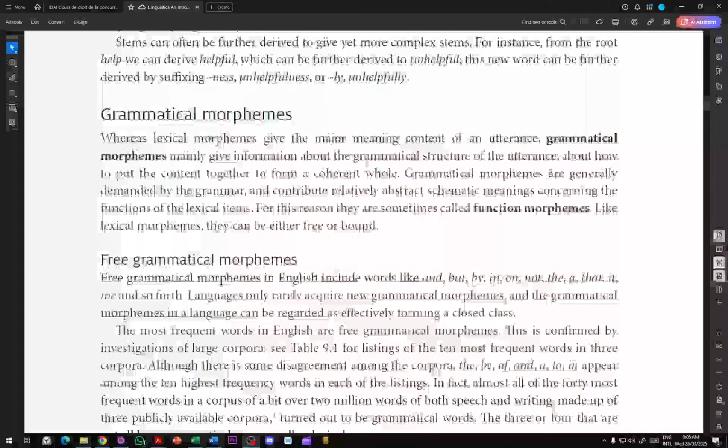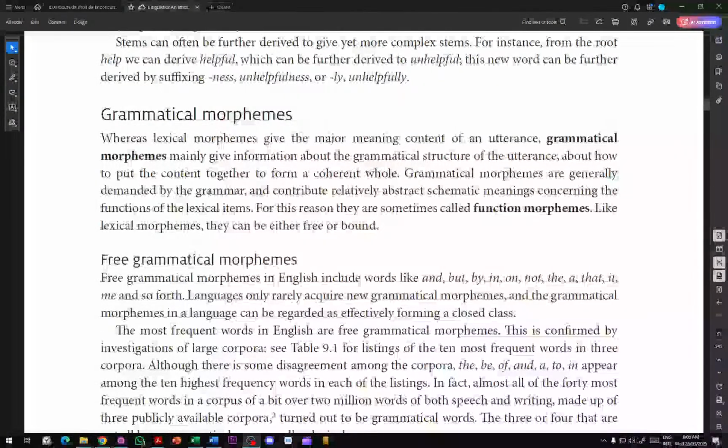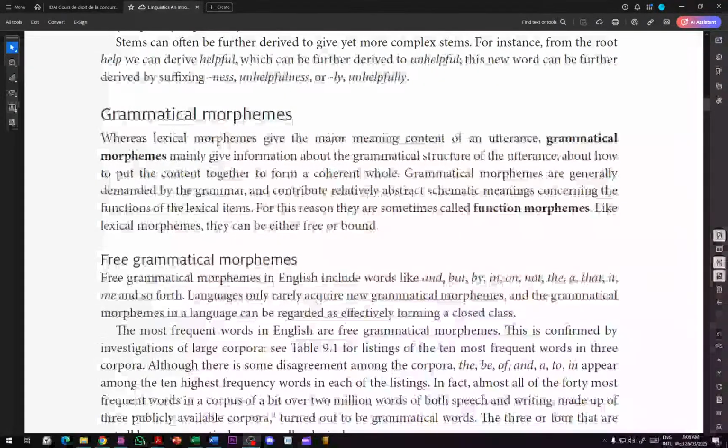Grammatical morphemes are generally demanded by the grammar and contribute relatively abstract schematic meanings concerning the functions of the lexical items. For this reason, they are sometimes called function morphemes.